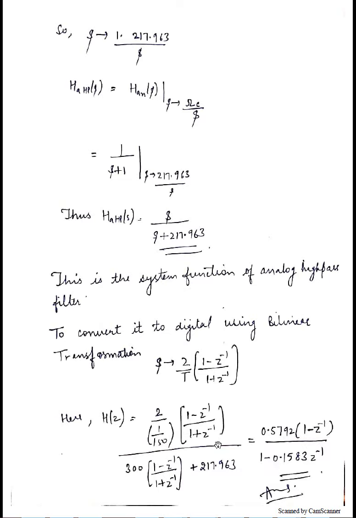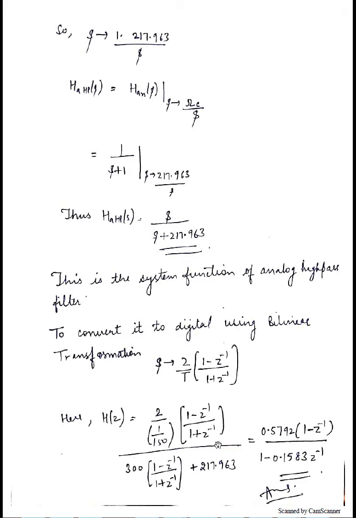So let us just recall the steps. What we have done is, if we want to design a digital high pass filter, the first step is to determine the frequency in the analog domain. Then you design a normalized prototype low pass filter considering the frequency as 1 radians per second. Then we convert that filter into high pass depending upon whatever cutoff frequency was given.